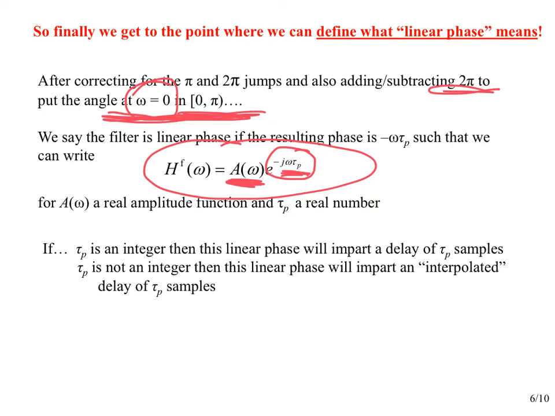And tau sub p is a real number, and it will set the slope of that linear phase.